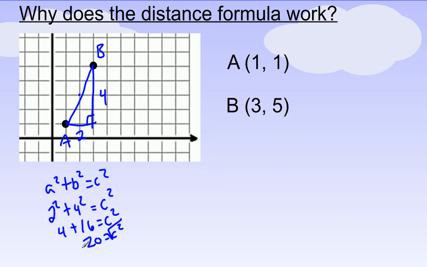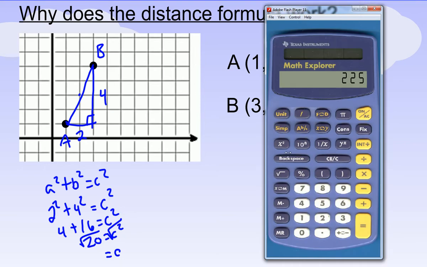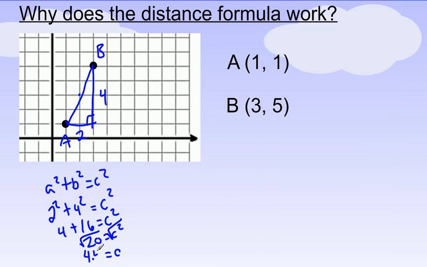If I square root each side, c equals square root of 20, which is 4.47, the length of this side.